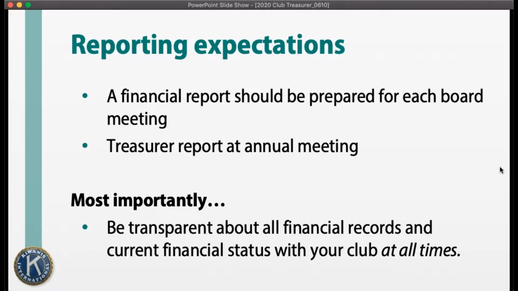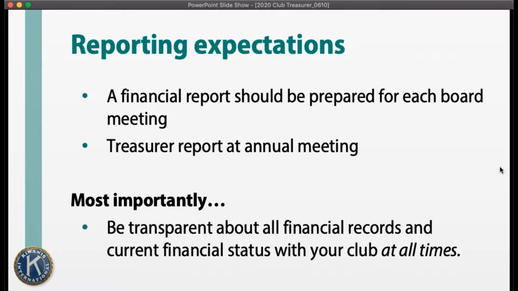The good old reporting expectations. So every time that your club board gathers to discuss your club's business, you should be prepared with a financial report that talks about the activity in both your administrative and your service accounts, and your administrative year-to-date standing of those accounts.